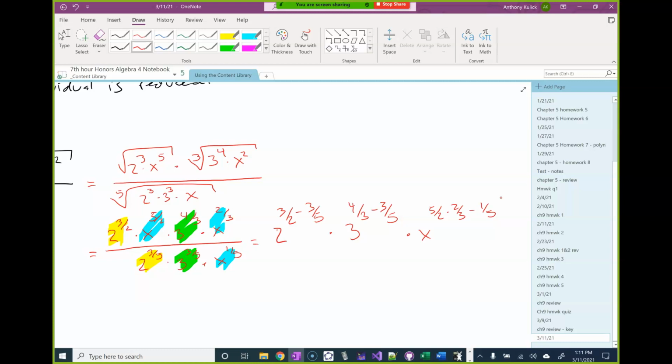Okay. So to add or subtract these fractions, we're going to make common denominators. So in the 2, the common denominator would be 10. So I'm going to have 15 over 10 minus 6 over 10. In the 3, the common denominator is going to be 15. So I'm going to have 20 over 15 minus 9 over 15.